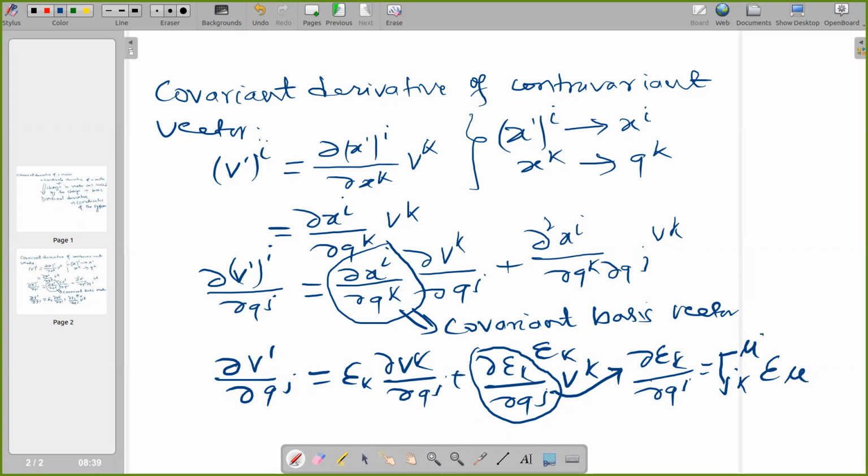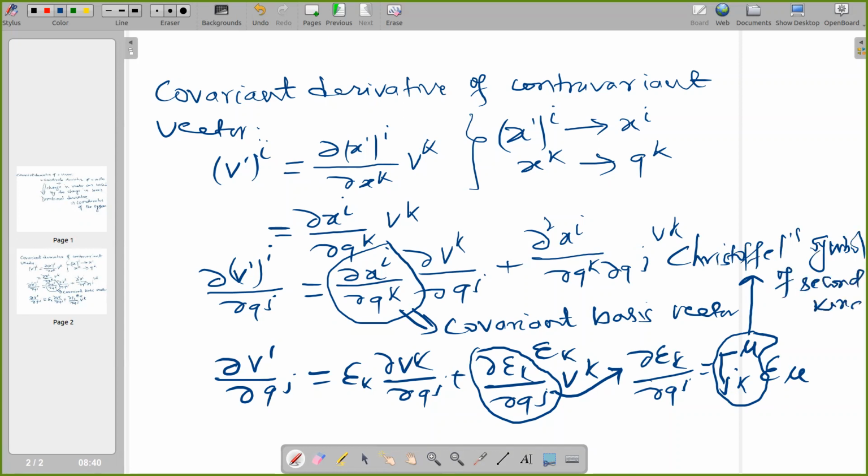Here we have introduced a new term, called the Christoffel symbol of second kind. More about this Christoffel symbol we will discuss in the next class, but anyway, we have introduced this Christoffel symbol, gamma mu jk.